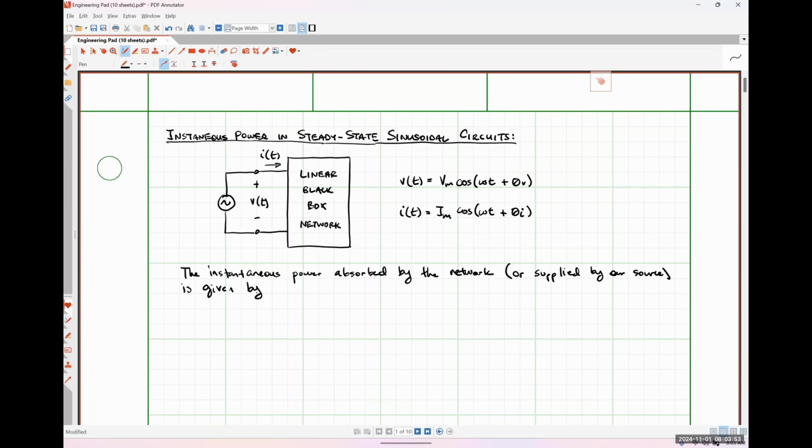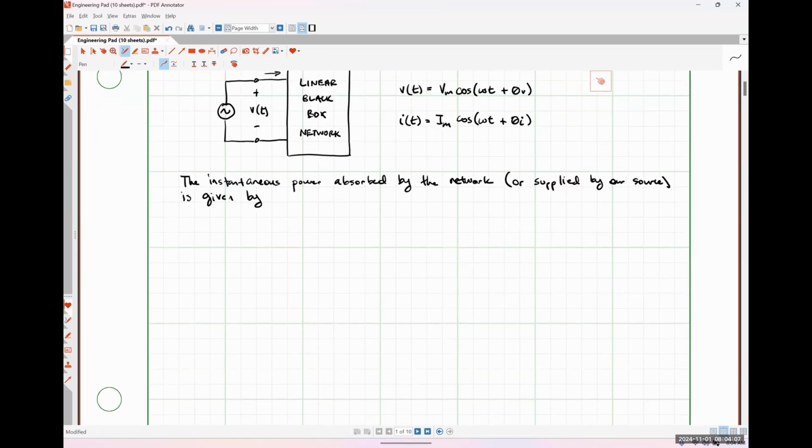So before I hit you guys with some math, what do you think the power is going to be? I times V. Absolutely right. It is literally always I times V, okay? So our instantaneous power, P as a function of time, is simply going to be the product of our voltage waveform V of t multiplied by our current waveform I of t.